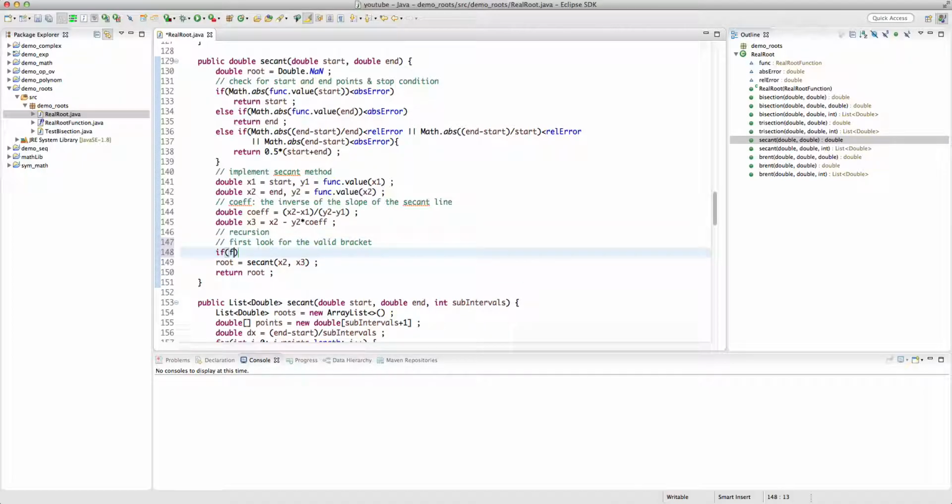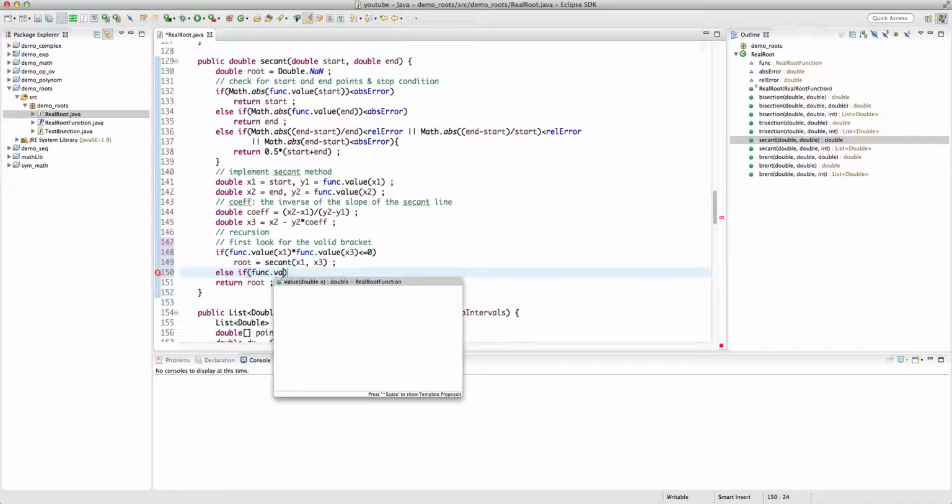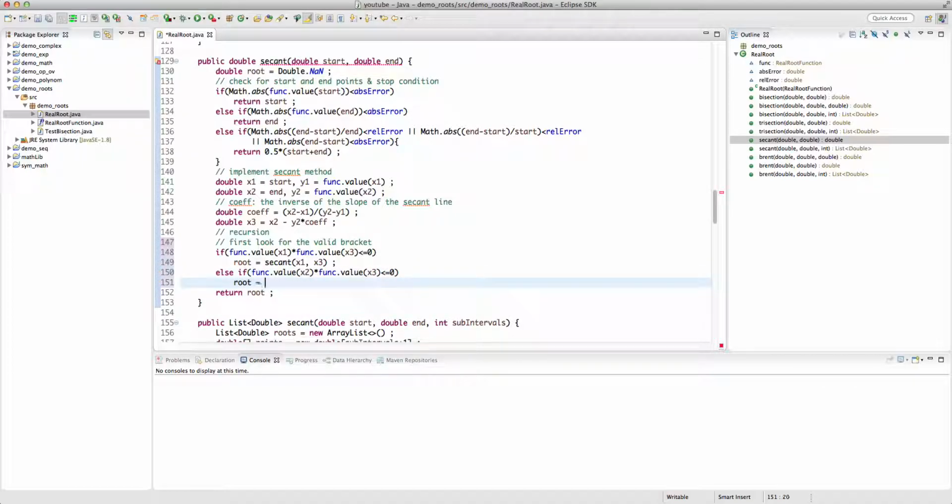So I'm saying that if func.value x1 times func.value x3 is less than or equal to 0, I have to go into the x1 x3 instead of x2 x3. Else if func.value x2 times func.value x3 is less than or equal to 0, we're going to set the root to secant x2 x3.